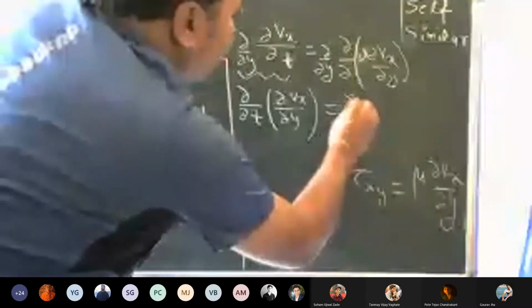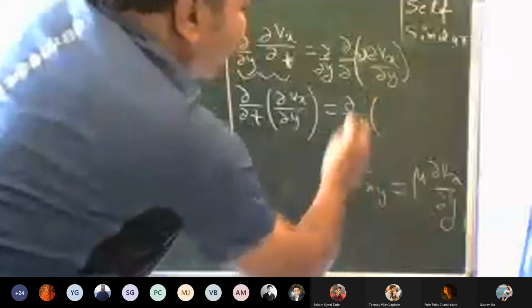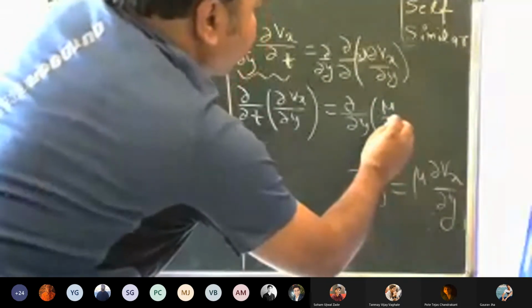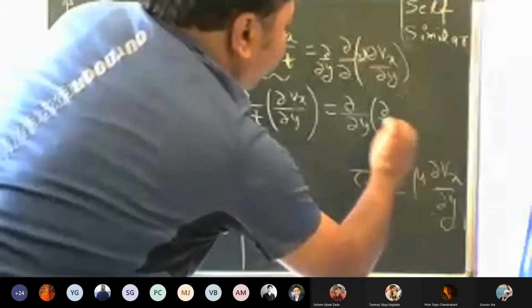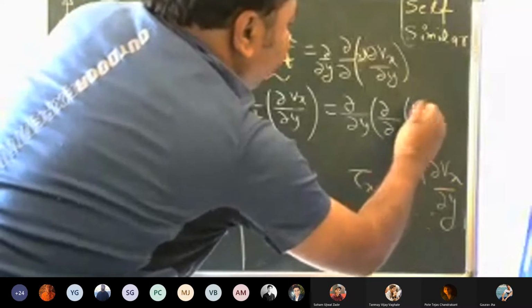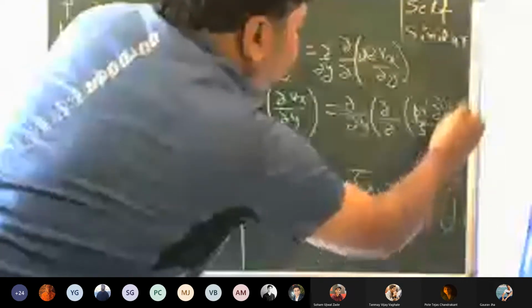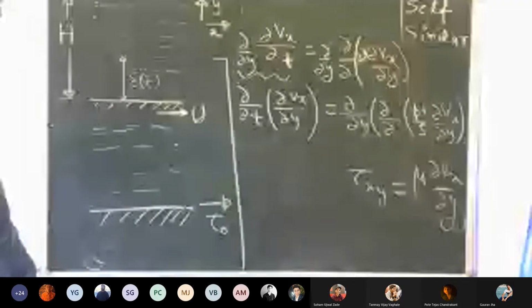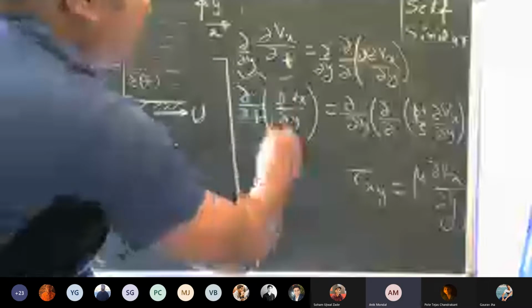Here we have dou of dou y, and this is nothing but mu by rho, again dou of dou, mu by rho, dou vx by dou y. Sorry, it should be dou by dou y again.